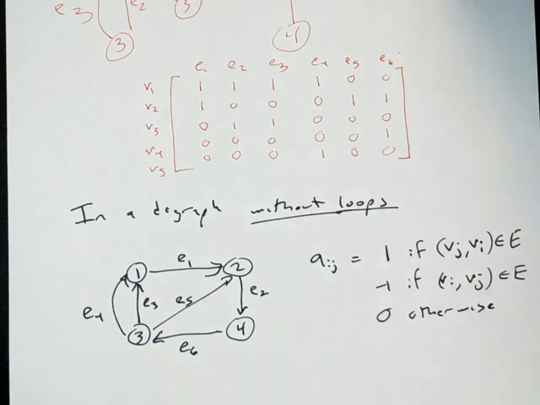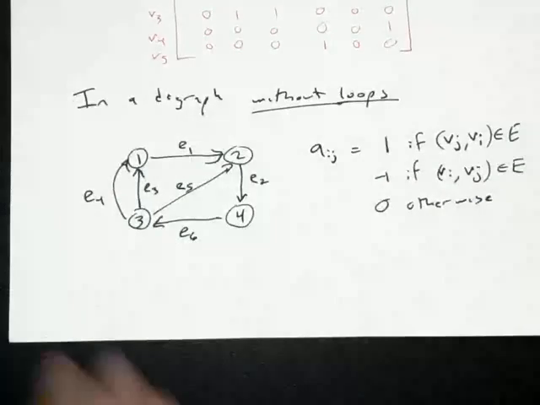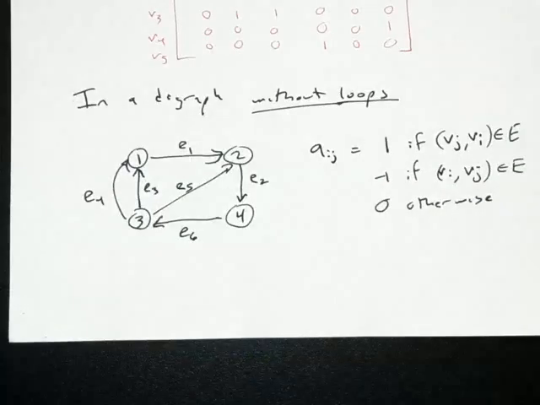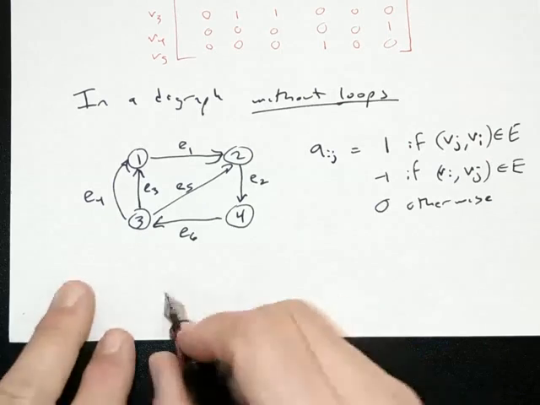How do you indicate a loop? It should have a plus and a minus in the same spot. Plus 1 minus 1 is 0, but that would tell me there's no edge there.